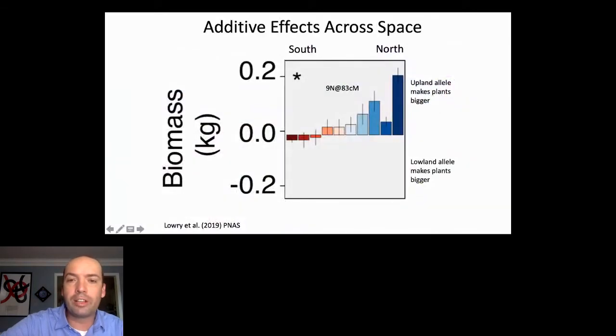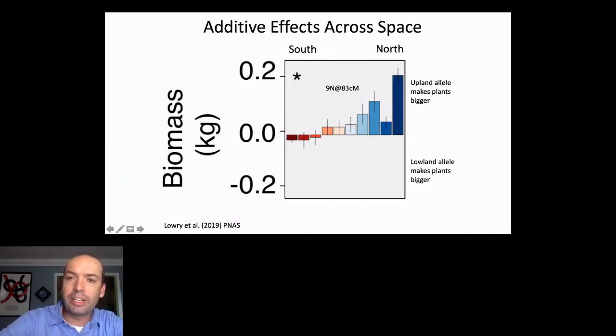This is one of the many loci, or QTL, that we identified in these experiments. And we could look at the actual allelic effects of these QTL across space. So what I have here is the 10 different field sites, and each one of these bars is the allelic effect of this one locus at each of those field sites. You can see that this locus has a big effect in the north.